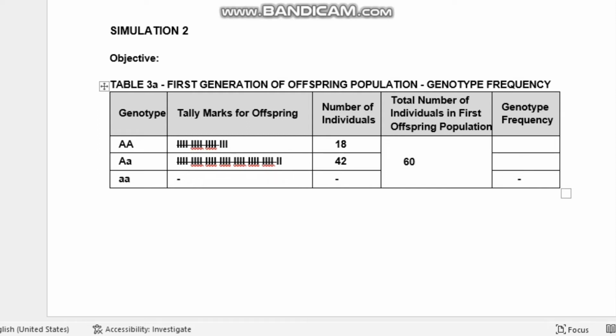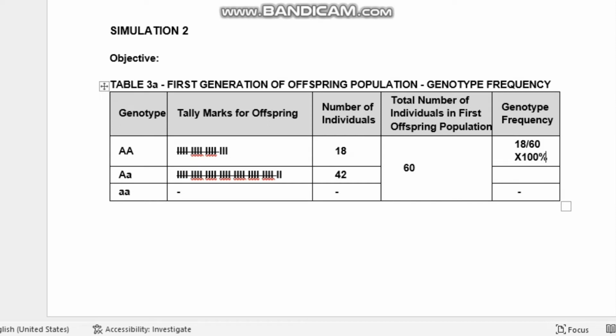Then for genotype frequency, we will do 18 over 60 times 100, and then we get 30%.